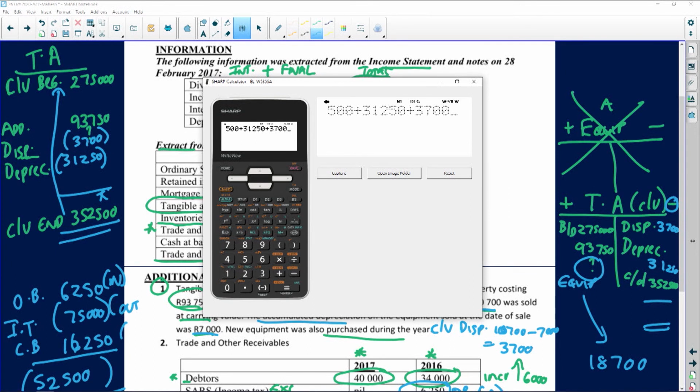Okay, then the addition of the land and buildings now must be subtracted, so minus 93,750, and then finally carrying value at the beginning of the year is positive, which means I must now minus the 275,000. Again, we're working backwards, and as you can see, we are still getting the 18,700.